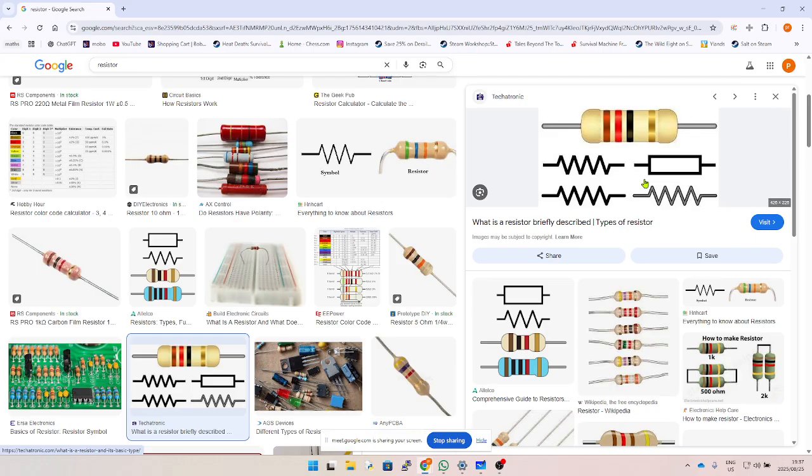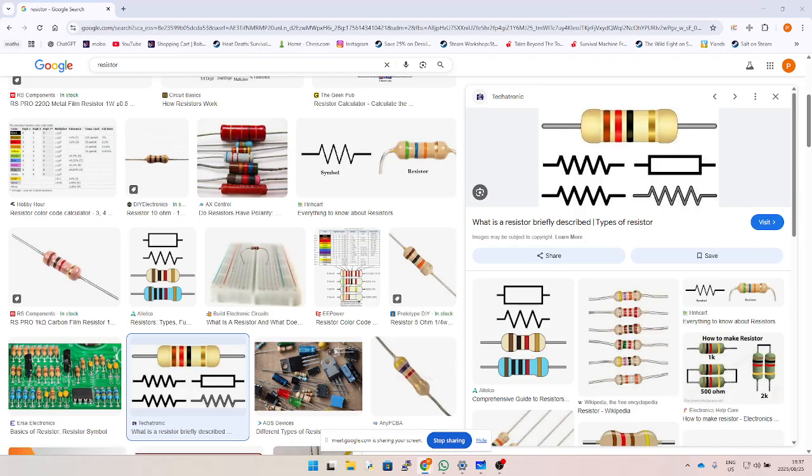It's a four-band resistor. Who has the image in front of them with the color coding? Tell me what's the resistance of this resistor that I have here. Brown, red, black, and gold.